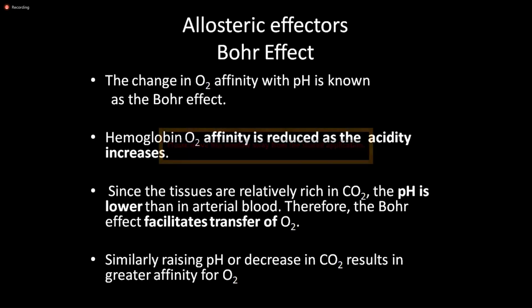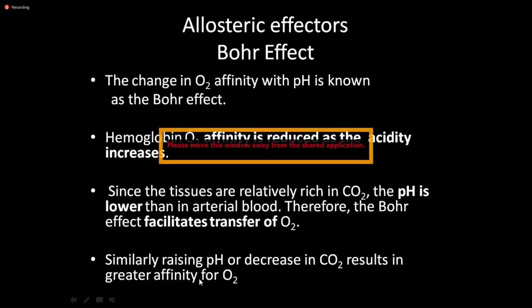Similarly, rising pH or decrease in carbon dioxide results in greater affinity. In the lungs, there is an increased concentration of bicarbonate, and this bicarbonate imparts alkalinity, increasing the pH of the blood at the lungs.